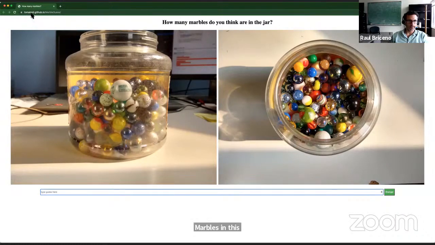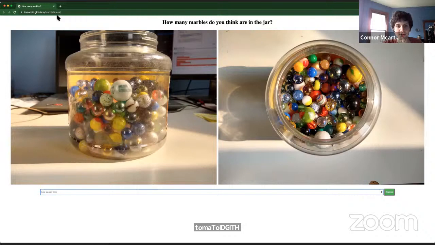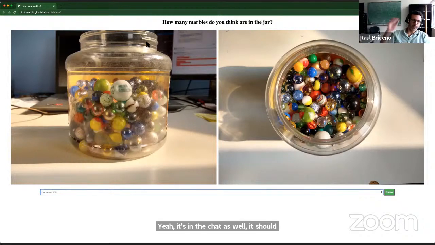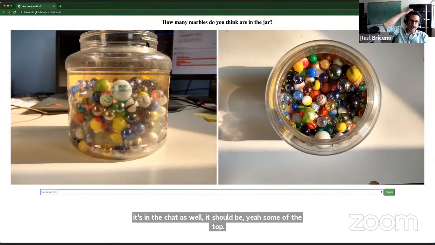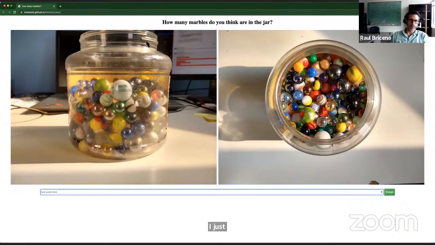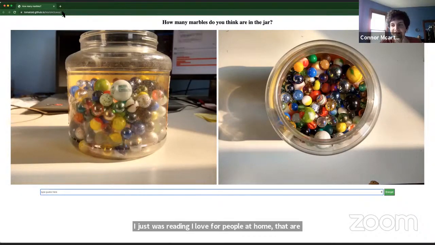And there's a link up here: tomatoid.github.io/marble guess. Yeah, it's in the chat as well. I was just reading it aloud for people at home that are watching on YouTube later. Ah, that's a good idea. Yep.